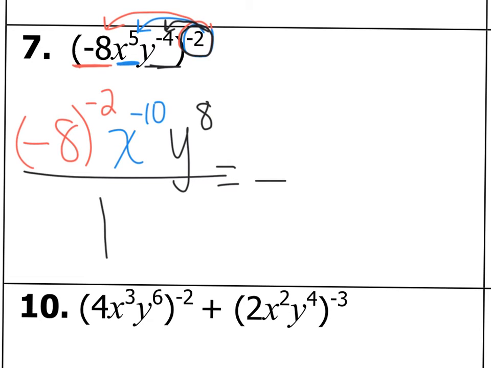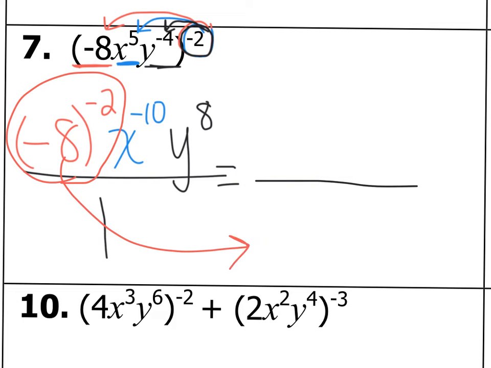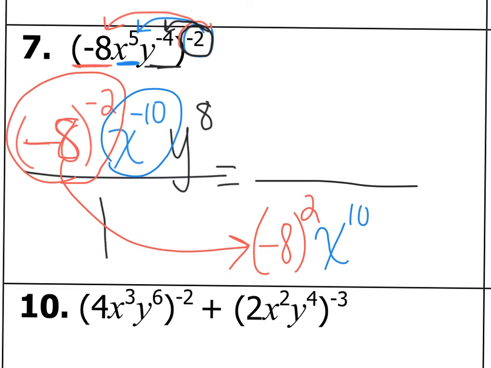So let's continue to solve here. My negative exponent rule tells me that if I have a negative exponent, it gets flipped to the other side of the fraction line. So negative 8 to the power of negative 2 gets flipped to the other side. Now it's negative 8 to the power of positive 2. X to the power of negative 10 becomes x to the power of positive 10.